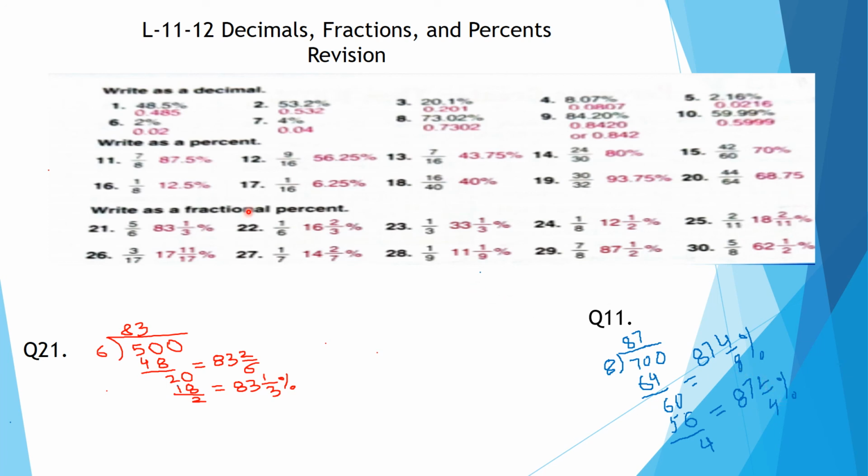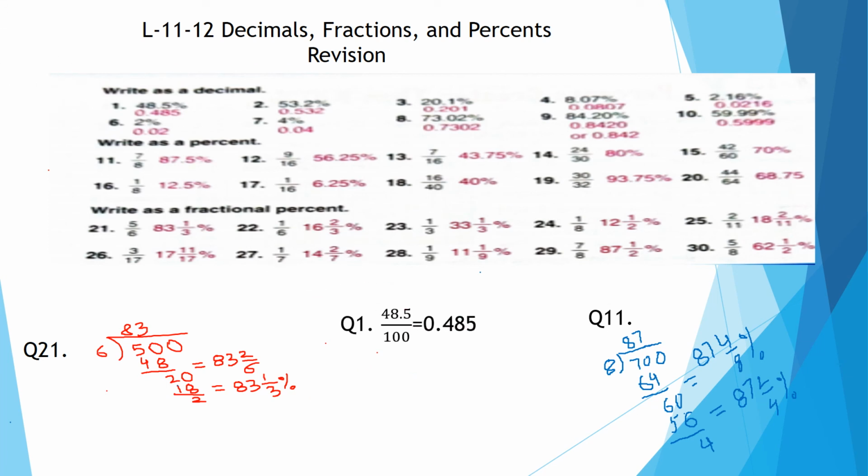Question number 11 is your answer. 1 by 2 means how much? It's equal to 0.5, so the answer is 87.5. Okay, now we check which question is coming.